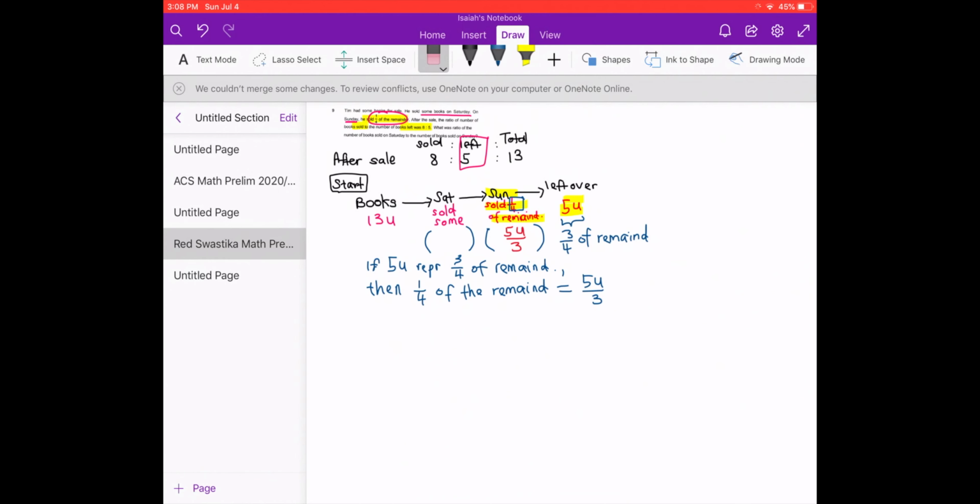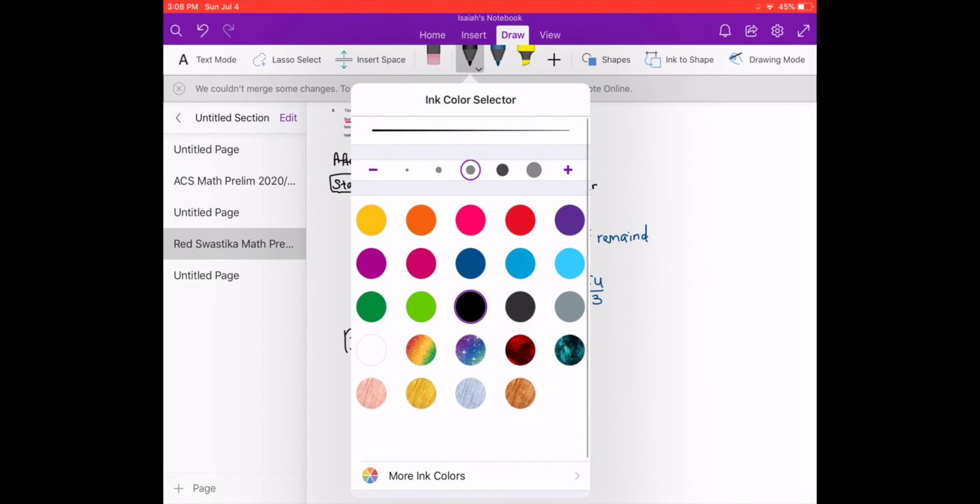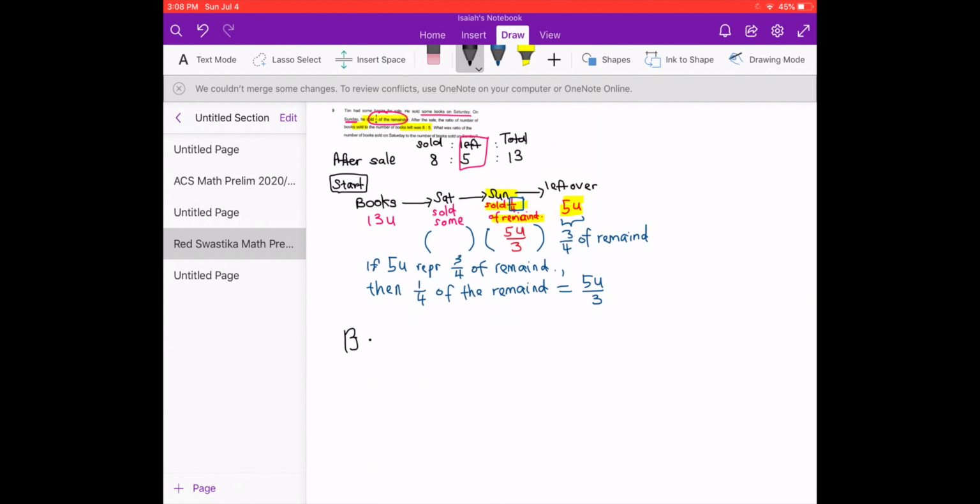To find out how many books were sold on Saturday, we take the total 13u that I started off with, minus away what I've sold on Sunday, which is 5u over 3, and minus away what was left over, what he did not manage to sell.